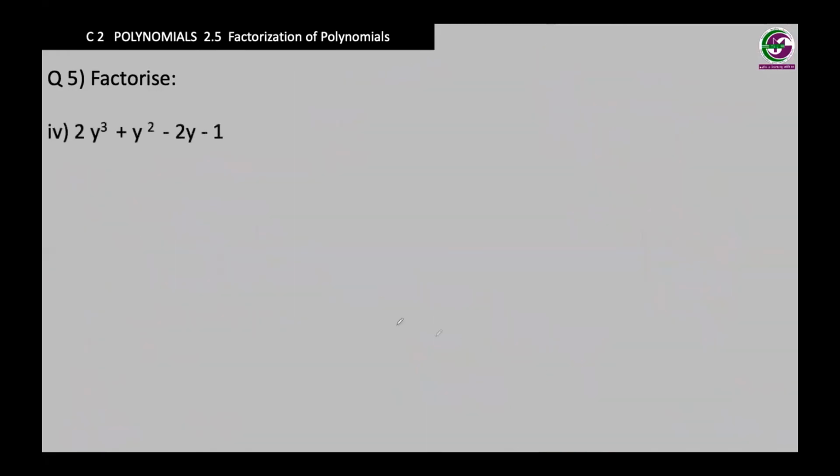Moving on to the last question of this lesson. In this question, the coefficient of y cube is not 1, so we have to multiply to get the product. So 2 should be multiplied here. So the factors of 2 are 1 and 2.